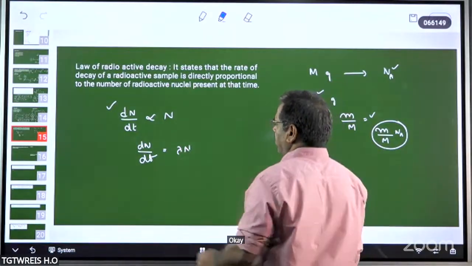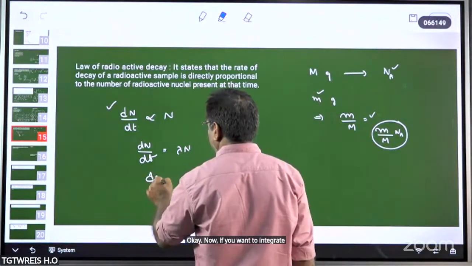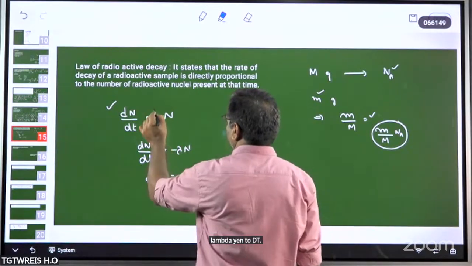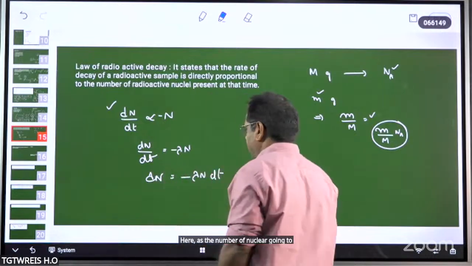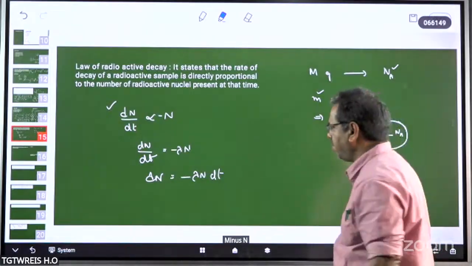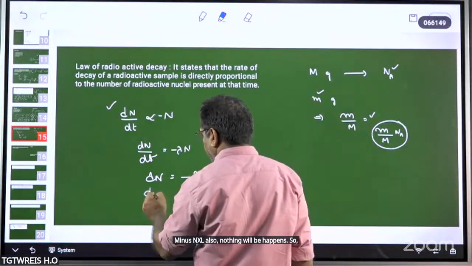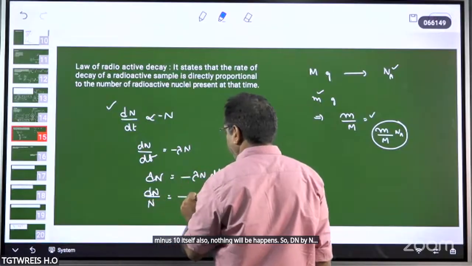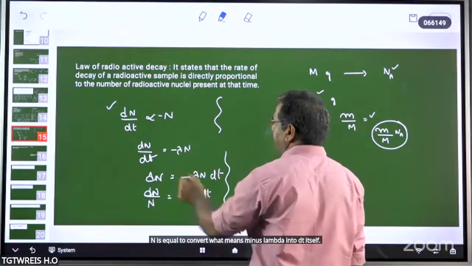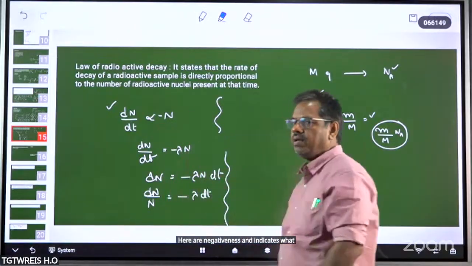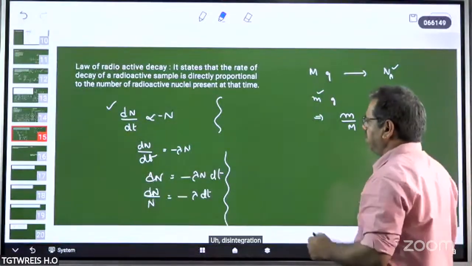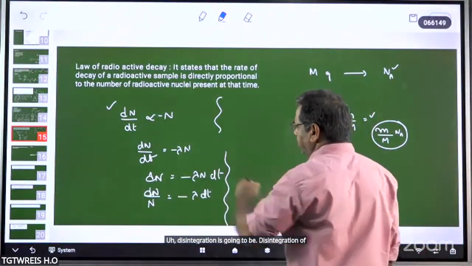Okay. Now if you want to integrate this, dN is equal to lambda N into dt. Here, as the number of nuclei are going to disintegrate or decrease, you can keep minus N itself also, nothing will happen. So dN by N is equal to minus lambda into dt. Here the negative sign indicates that the number of nuclei is going to decrease, that is, disintegration of nuclei is going to decrease the number.